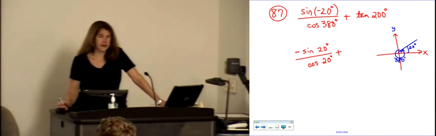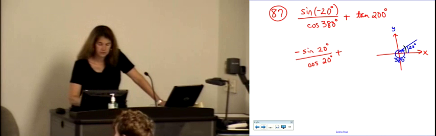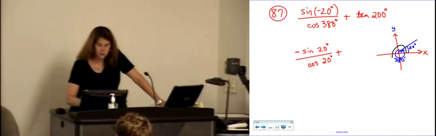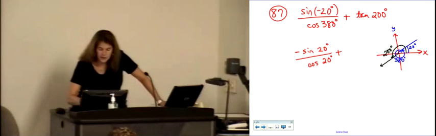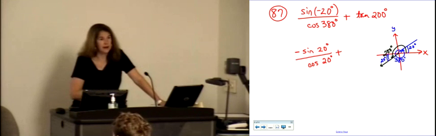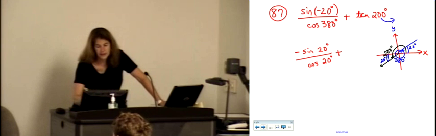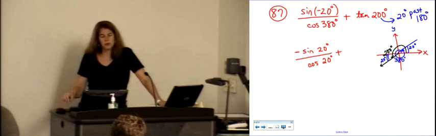Now that 200 degree angle, where's that one? It's 20 past 180, isn't it? So here's the 200 degree angle coming around this way in black. We note that this little piece here is 20 degrees past 180, right? Be a little more clear with me.